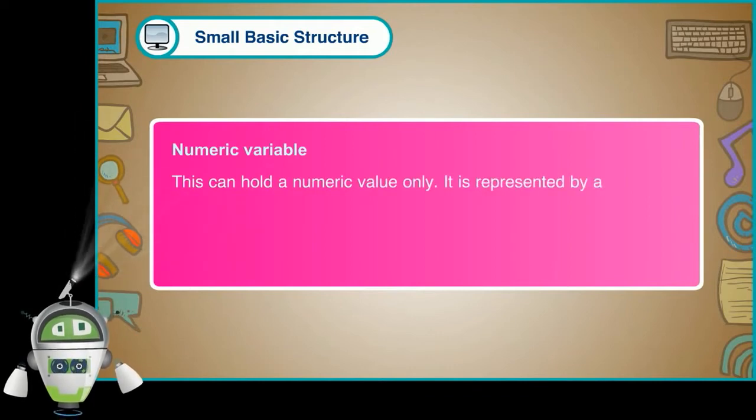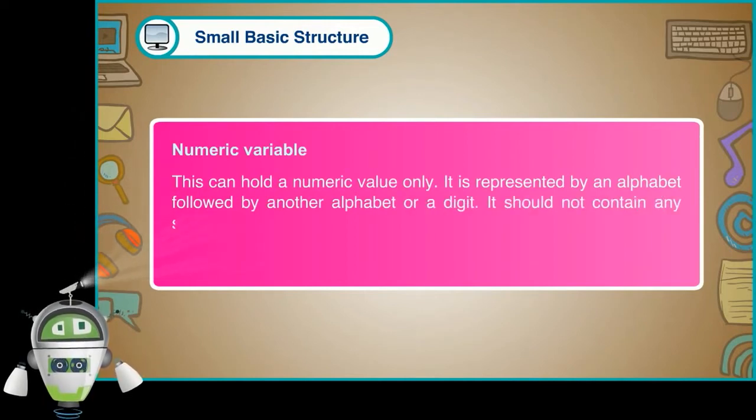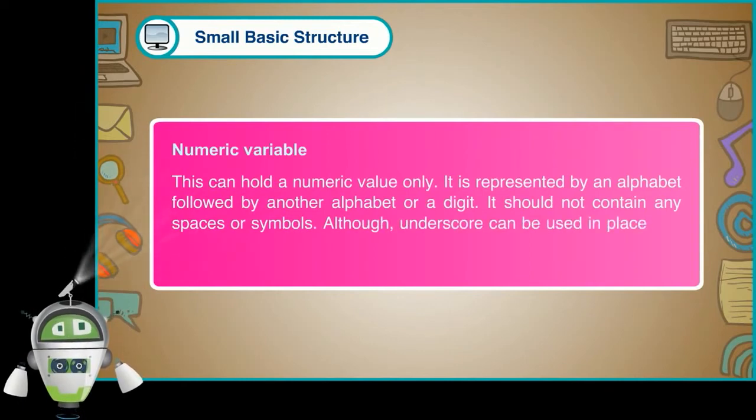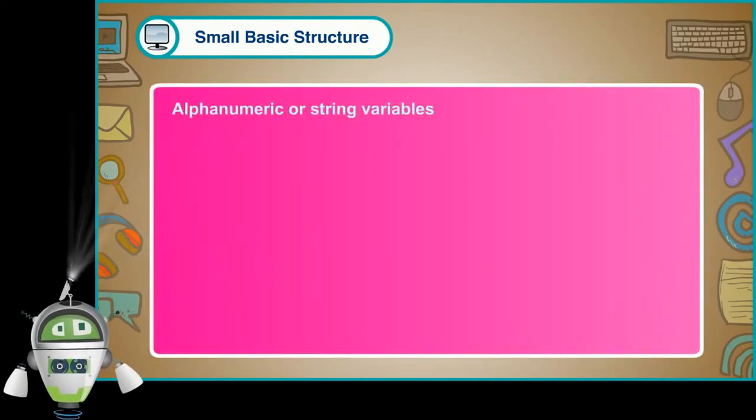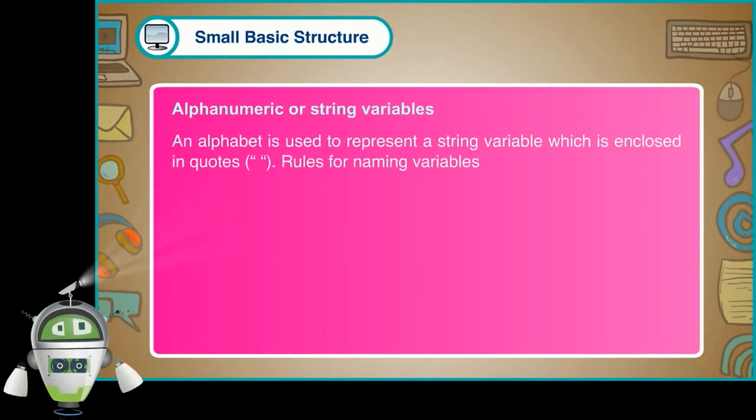It is represented by an alphabet followed by another alphabet or a digit. It should not contain any space or symbols, although an underscore can be used in place of a space. For example, A, C, B_9, T5, etc. Alphanumeric or string variables. An alphabet is used to represent a string variable, which is enclosed in quotes.